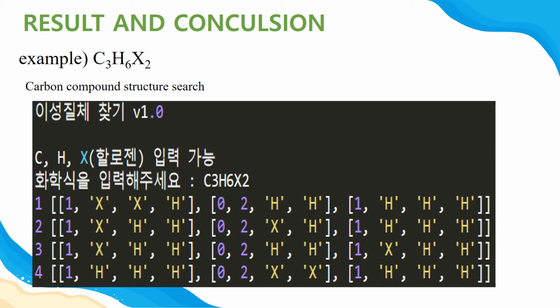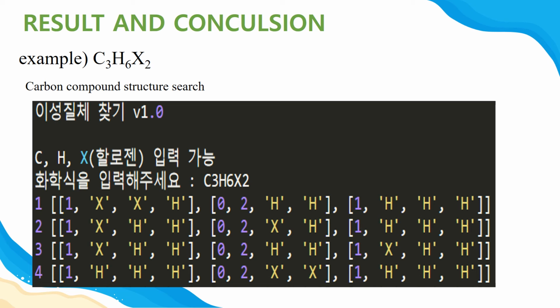For example, I entered C3H6X2. Then there are 4 possible structures: 1, 2, 3, 4. The first case is 2 X in C1. The second case is X in C1 and C2.